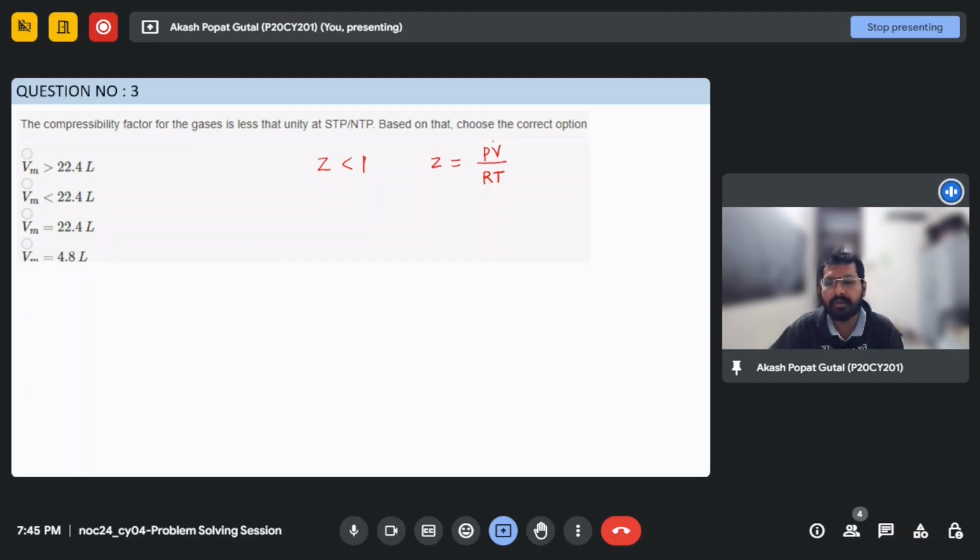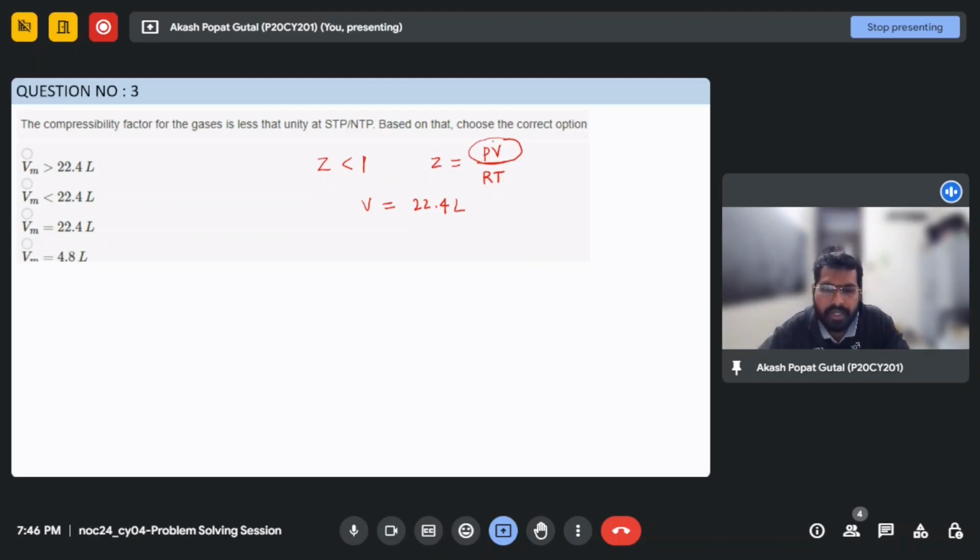So what happens if Z is less than 1, which means the PV part is actually becoming lesser than RT. We know that at standard temperature and pressure, 1 mole of a gas occupies 22.4 liters.